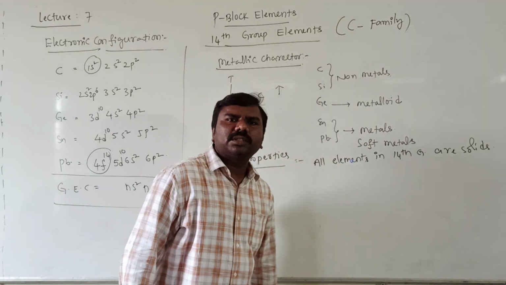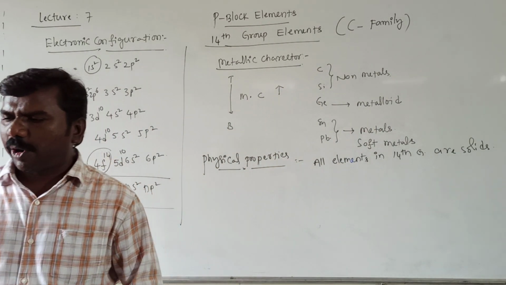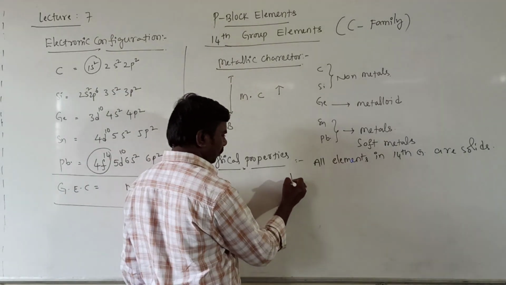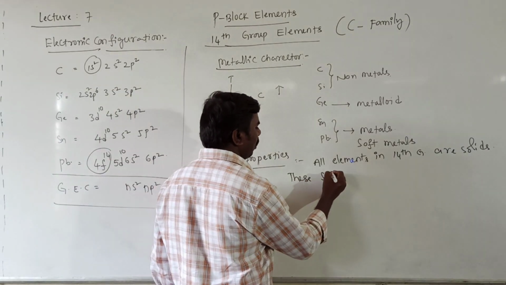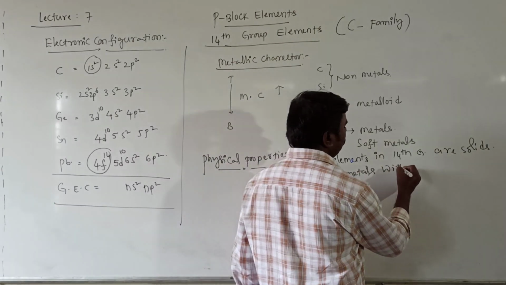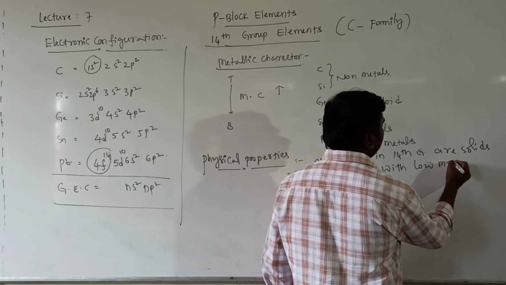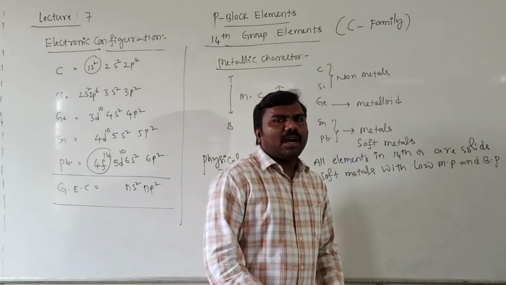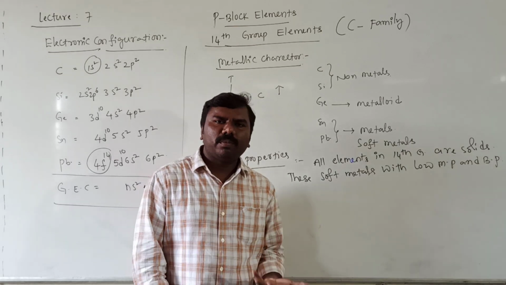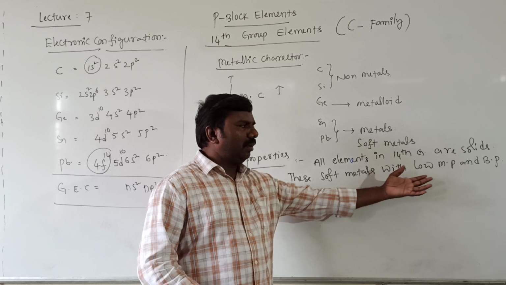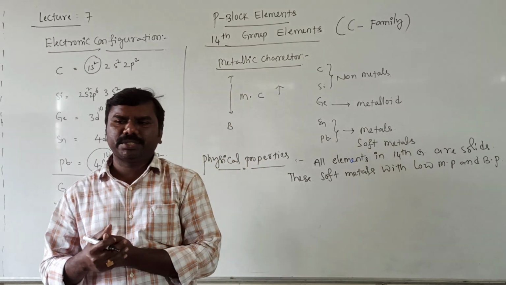Next point. These are soft metals with low melting points and boiling points. Hard means you need to apply more temperature to boil or to melt, but these are very soft, that's why they have low melting and boiling points.